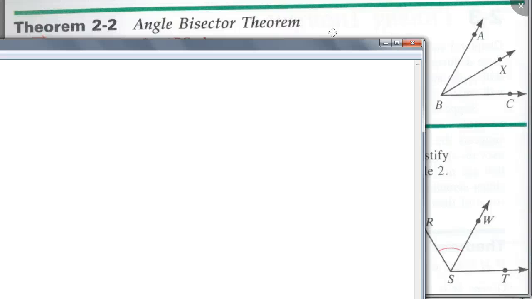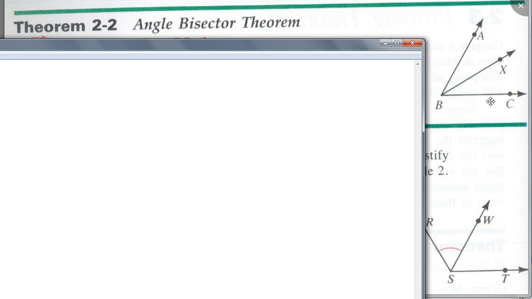Actually, we said that before, without this theorem, when we had the definition of angle bisector. The definition says these two angles, ABX and XBC, are congruent. But that's not what this theorem is going to say.